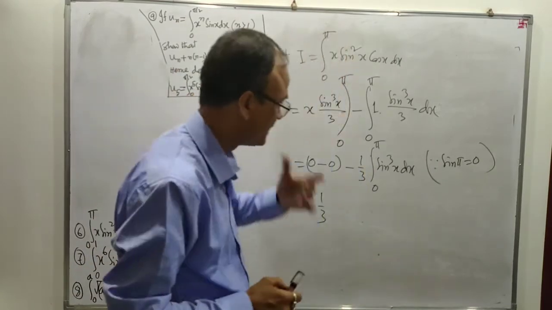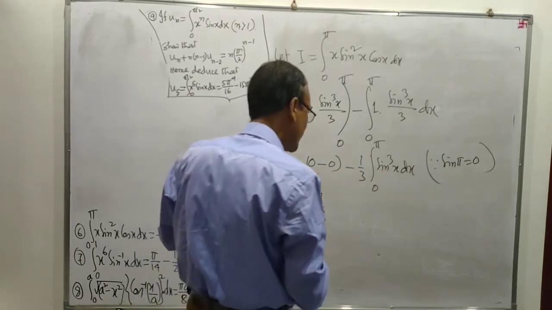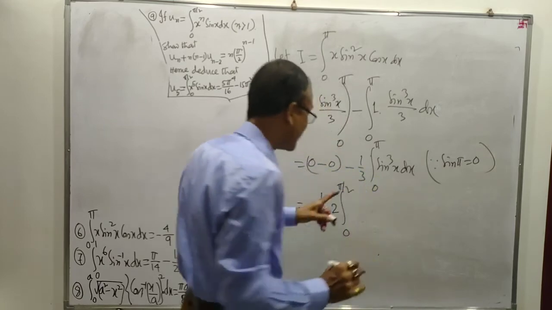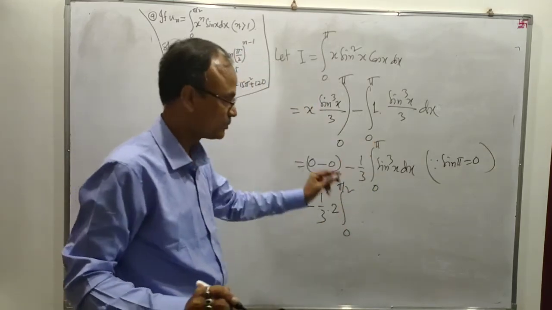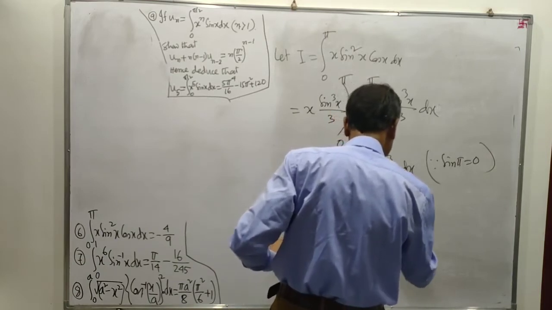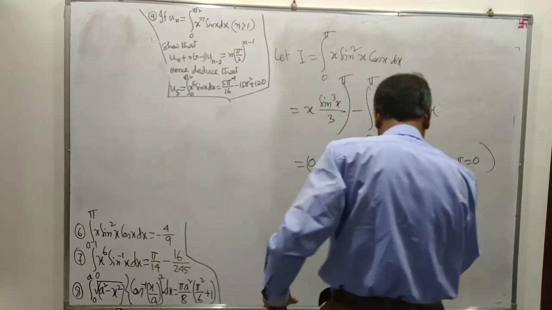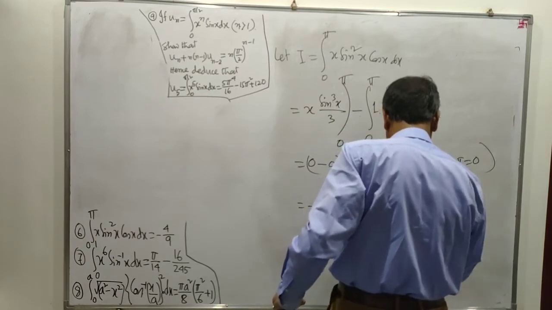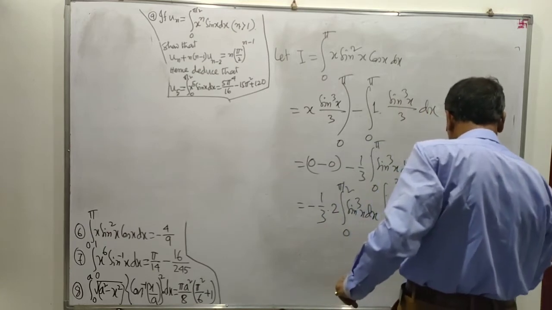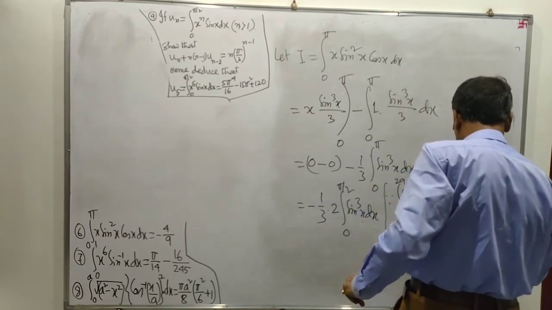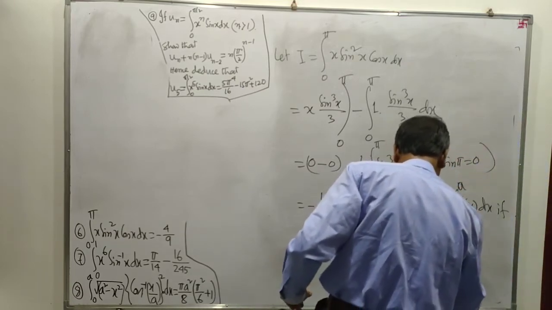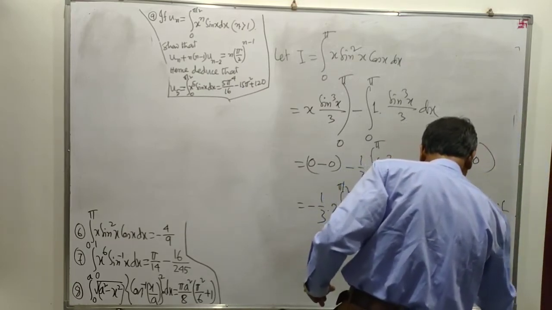Here you may write 2 times integration 0 to pi by 2, for pi you may write pi by 2, sin cube x dx. Since integration 0 to 2a f(x) dx equals 2 times integration 0 to a f(x) dx if f(2a minus x) equals f(x).